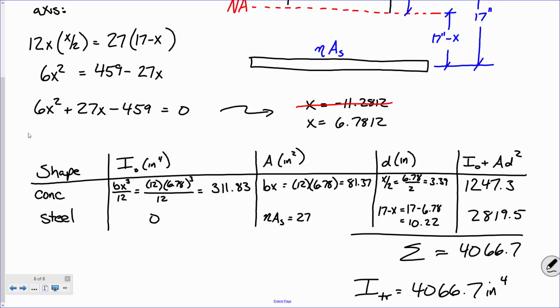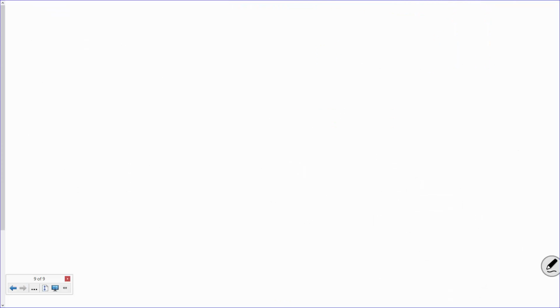That doesn't mean it doesn't contribute to the stiffness of the section because there's that whole A D squared. Yes, for a lump of rebar, for a region of rebar, that is correct. Everybody good? Okay.